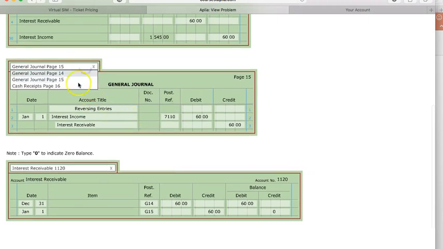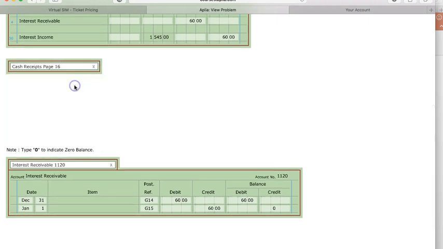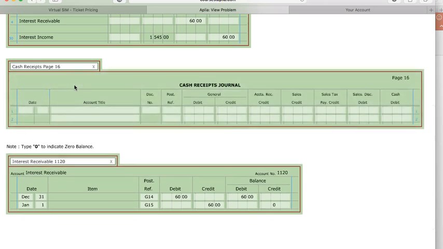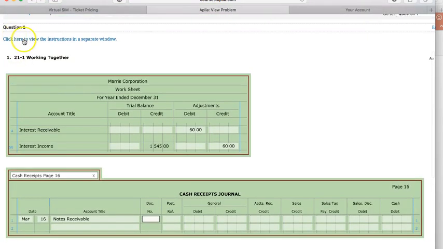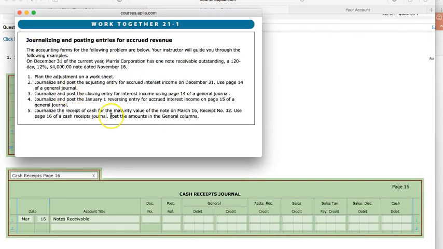And we're going to put this in our cash receipts. But remember, we want to add the interest from the previous year as well, so it's going to be 160. So first of all, on March 16th, and I believe that was receipt number 32.